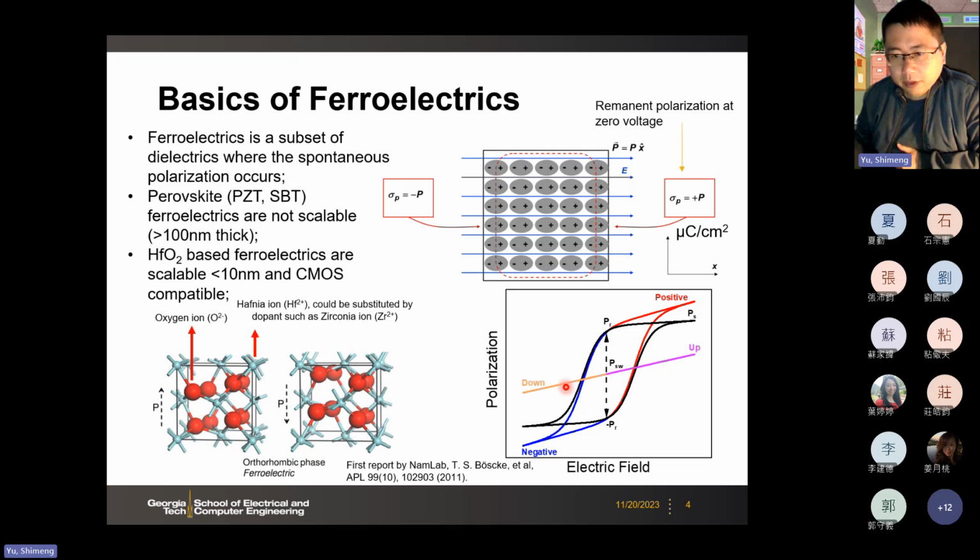If it's a normal dielectric, you have a linear curve between the polarization and the field. This is like charging and discharging the capacitor, basically. On top of that, we have this black curve, which is the ferroelectric switching. The ferroelectric polarization switching plus the charging component gives the total charge, which is the red and blue curve. This is how you get this plot.